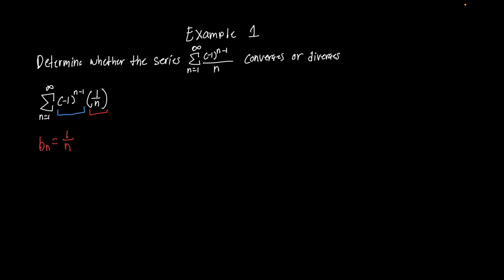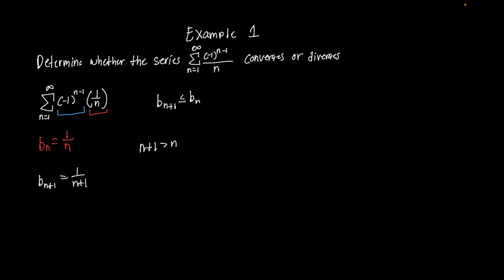Now we need to check if this is decreasing. We need to check whether b of n plus 1 is less than or equal to b sub n. Our term is 1 over n, so b of n plus 1 is going to be equal to 1 over n plus 1. We know that n plus 1 is greater than n.